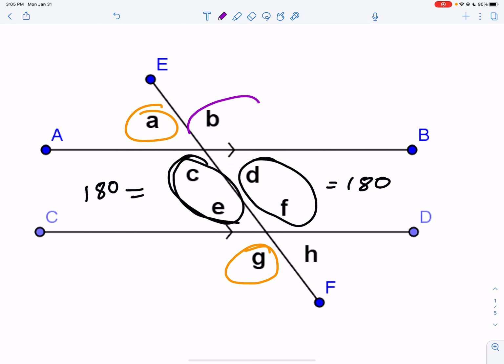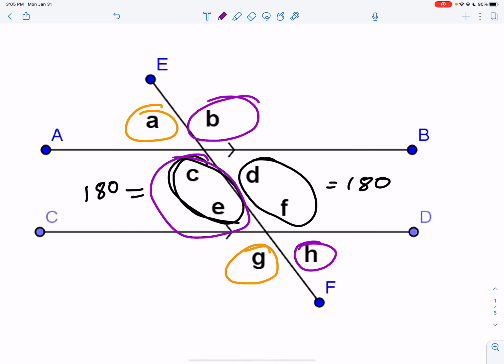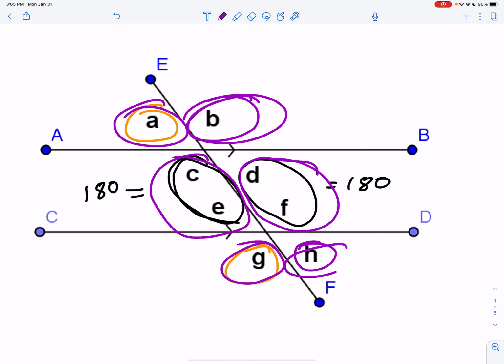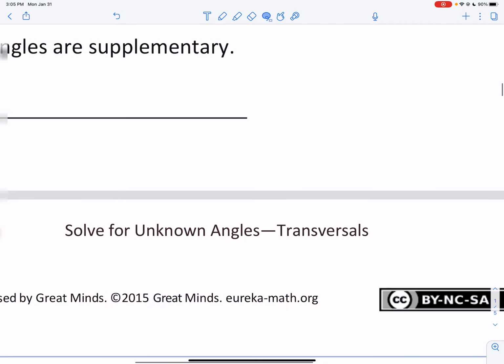And the ones that I'm showing in purple add up to be 180 because these are same side interior angles. These at least. These are same side interior angles. These are same side exterior angles. And these are same side exterior angles. So just kind of, it'll take some practice and it'll take us using them.